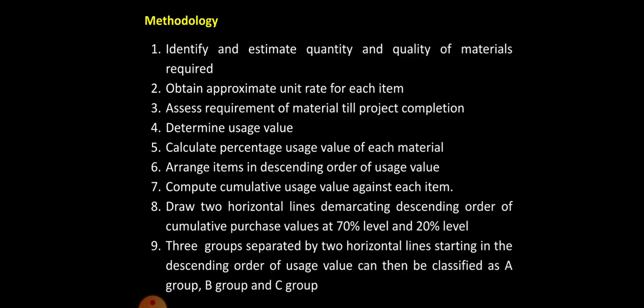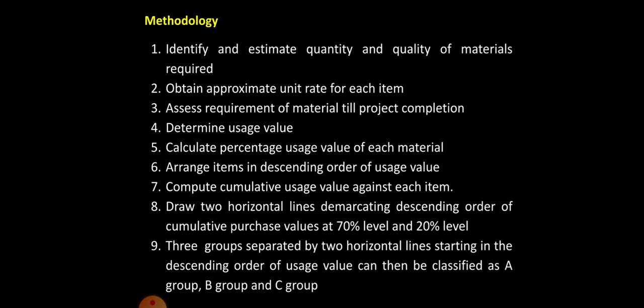In order to classify the materials in ABC classification, there is a methodology which you can see. The first step is to identify the materials required and estimate the total quantity and quality of each material. Thereafter, you are supposed to obtain the approximate unit rate of each item. The next step is assessing the requirement during the construction period of these items.